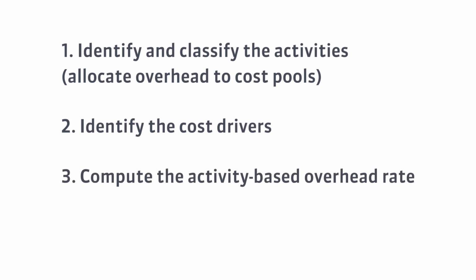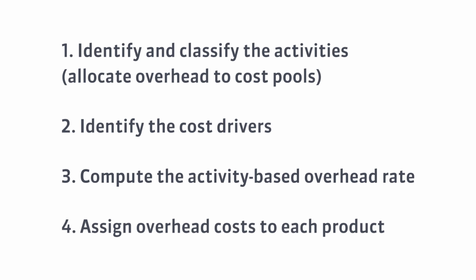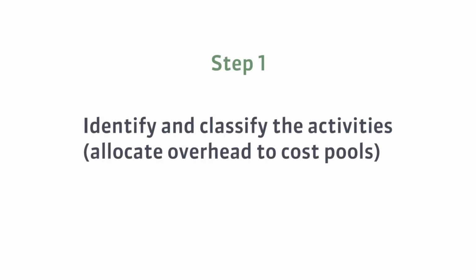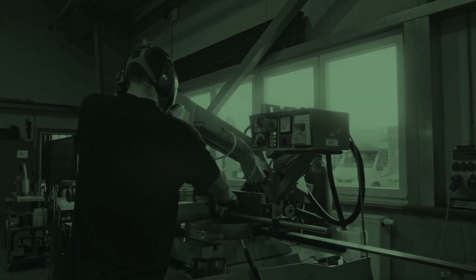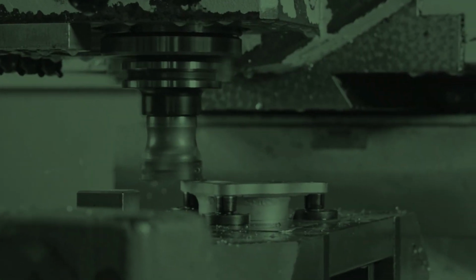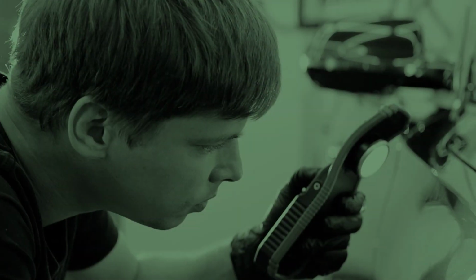Compute the activity-based overhead rate. Assign overhead costs to each product. Step 1. 3 activity cost pools were identified in our company: setting up machines, machining, and inspecting.